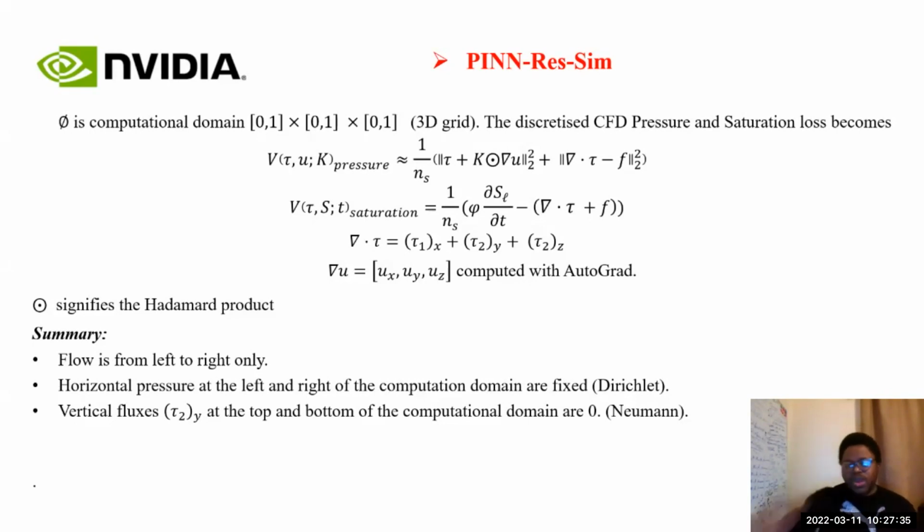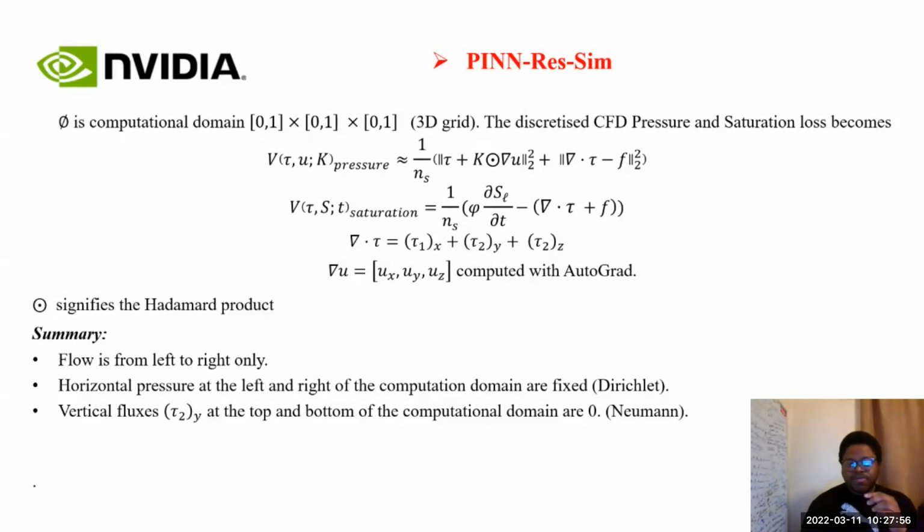So the flux in the y direction, which is this guy, is fixed to 0 because you don't want the flux to go above. You have imaginary cells at the boundary, so you want to fix that flux to be 0. But the flow between layers is permitted.